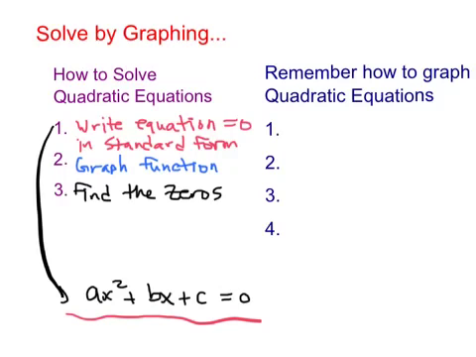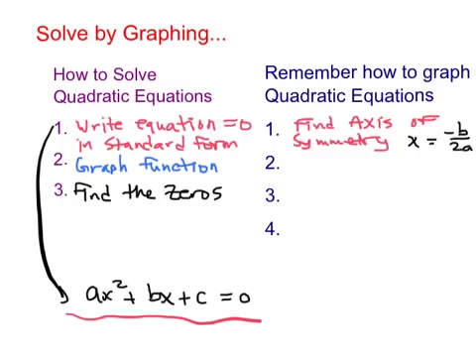So if we look back just for a second, remember how we graph these quadratic functions. We need to find the axis of symmetry, and remember we do that with the equation x is equal to negative b over 2a.